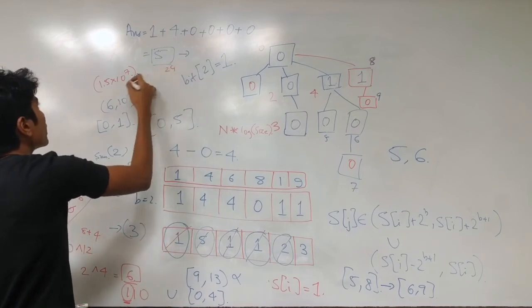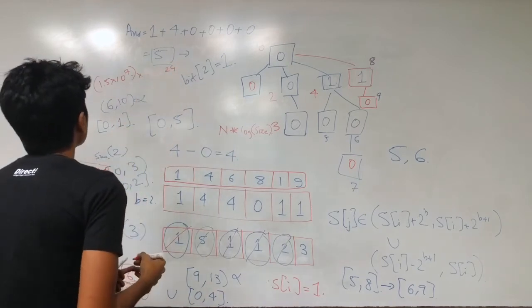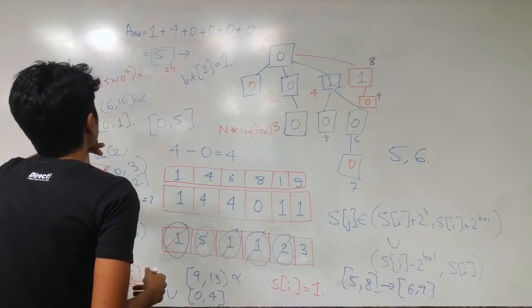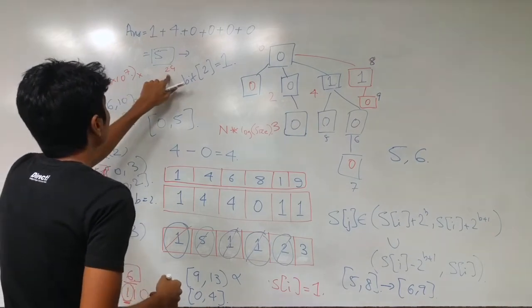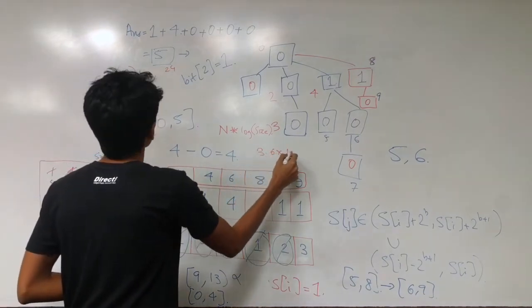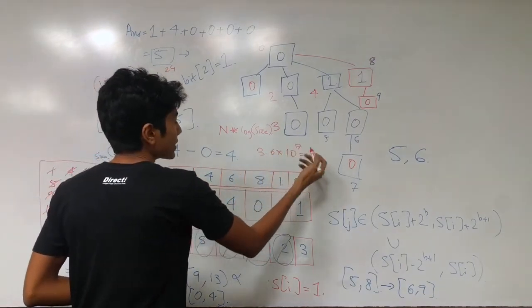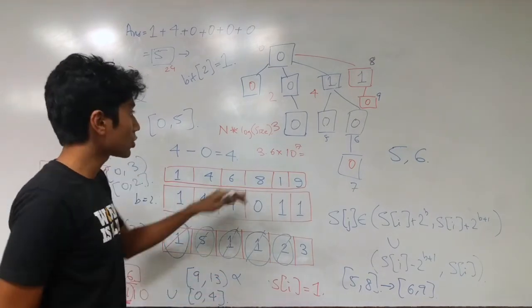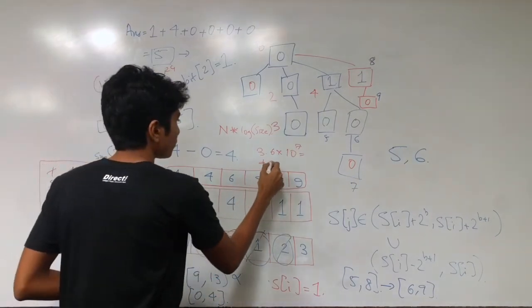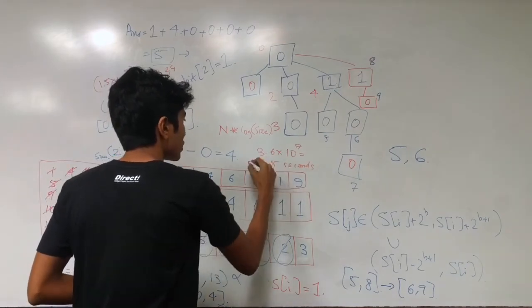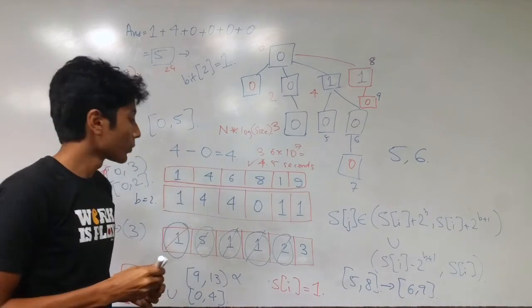What does this come out to be? 24 into this value. So that's 3 into 12, which is 36. So 3.6 into 10 raised to the power 7. That is about 3.6 seconds of computation. The time requirement for this question is 4.5 seconds. I mean, anything under 4.5 seconds should be accepted. So this solution should be accepted.